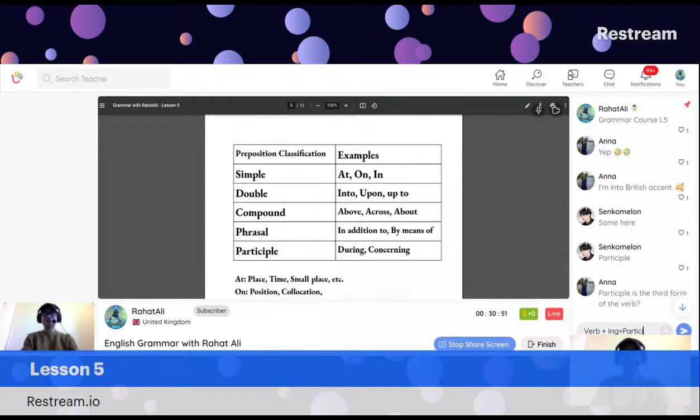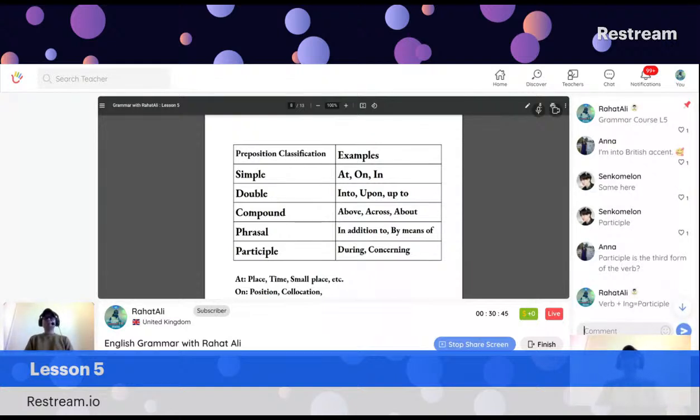I'm writing it for you, okay? Verb plus "ing". It is not the third form, once again. And we use this type of participle in many sentences, like when something is happening in progression. For example, we are talking to each other.